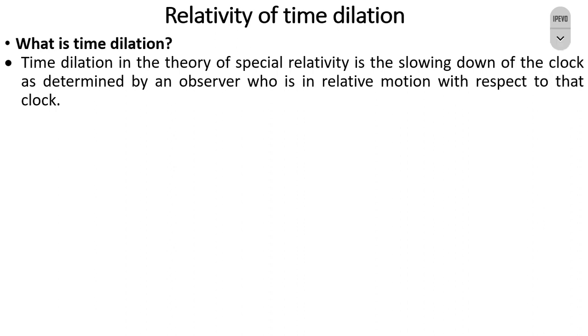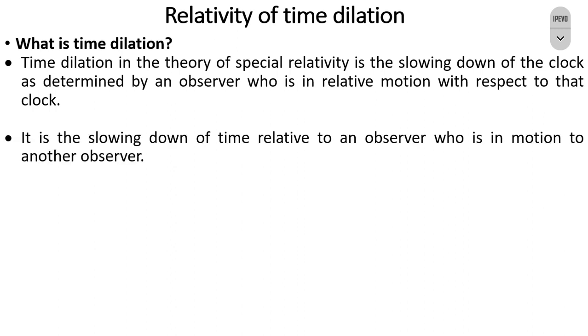Time dilation, in the theory of special relativity, is the slowing down of the clock as determined by an observer who is in relative motion with respect to that clock. You can remember the video.